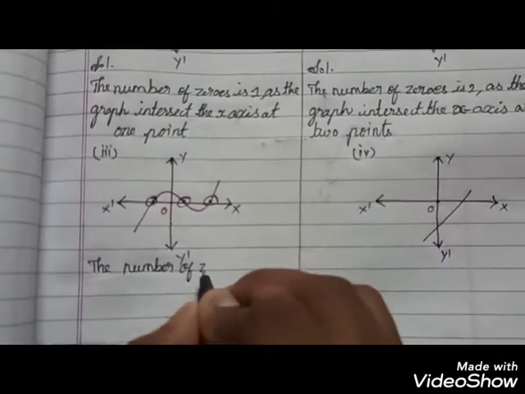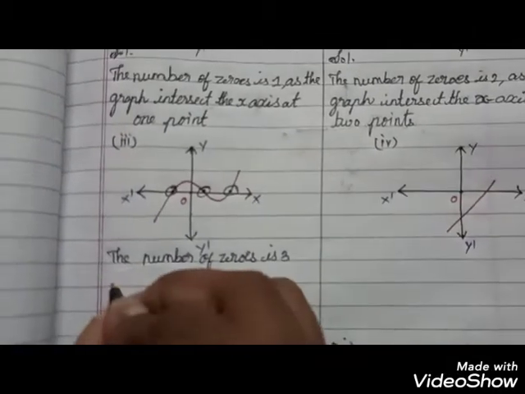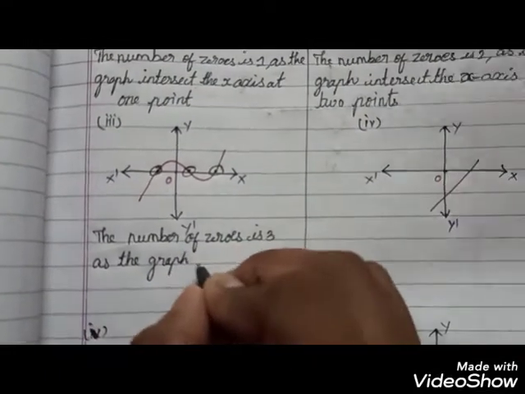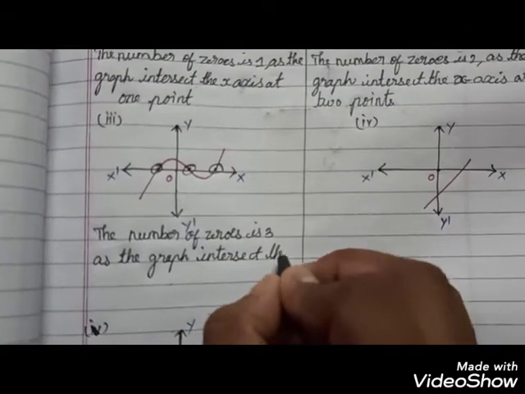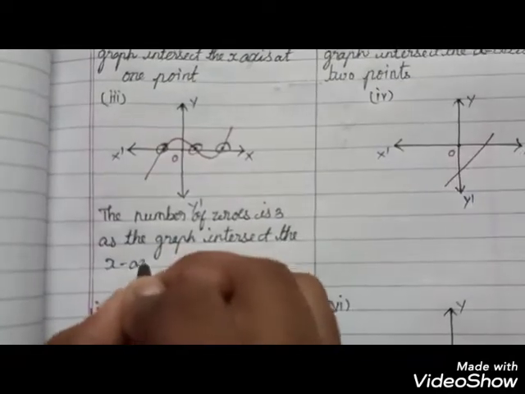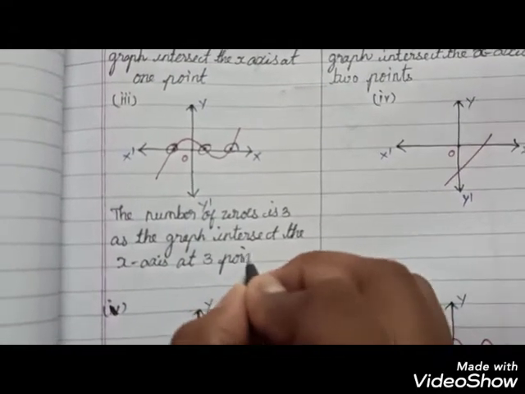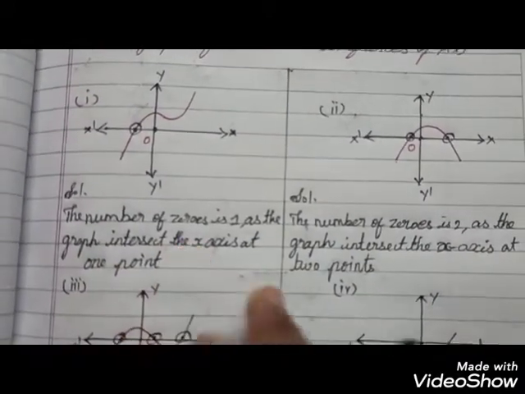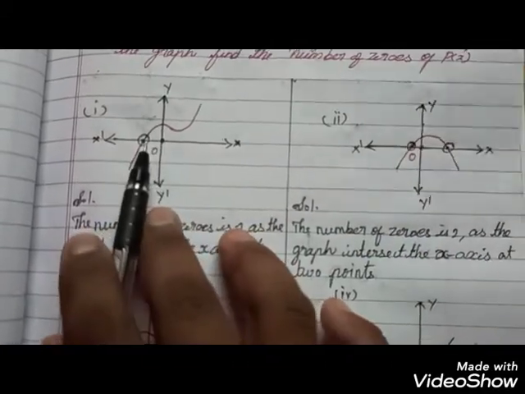The number of zeros is 3, as the graph intersects the x-axis at 3 points. So you see the sentences are the same. You only have to change the number of zeros by observing the intersecting points of the graph on the x-axis.